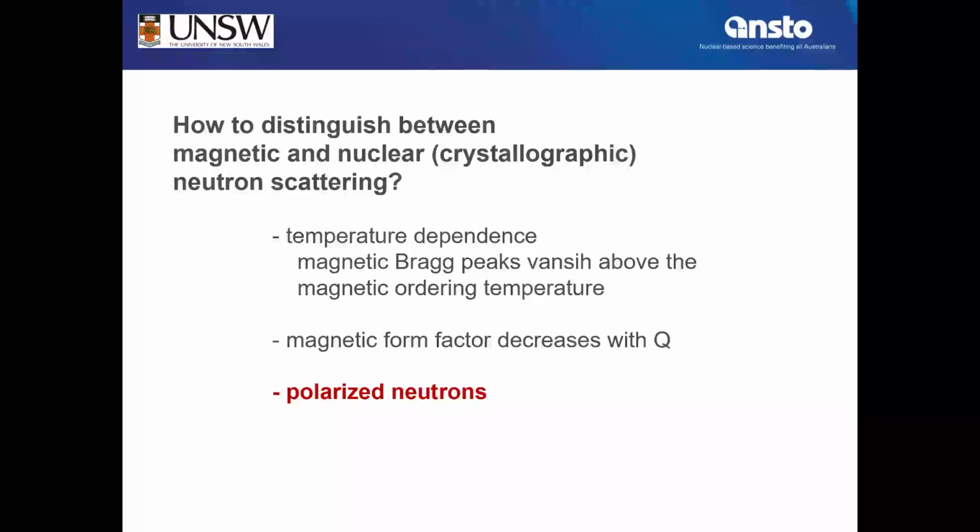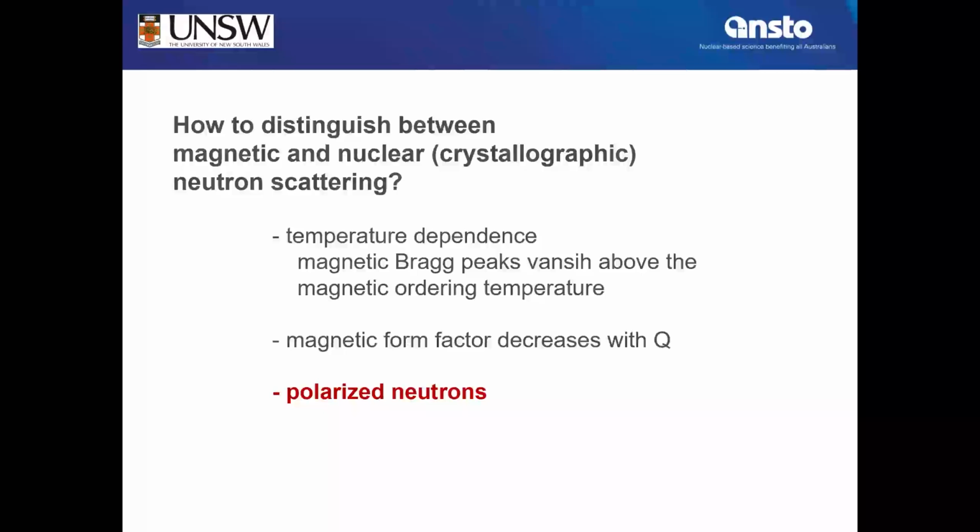Then they get scattered at a crystal, they interact with the magnetic spins of your crystal. And what happens in an ideal experiment, they get spin flipped. So the neutrons scattered by a magnetic structure are spin flipped. So incoming spin up component, outgoing spin down component.